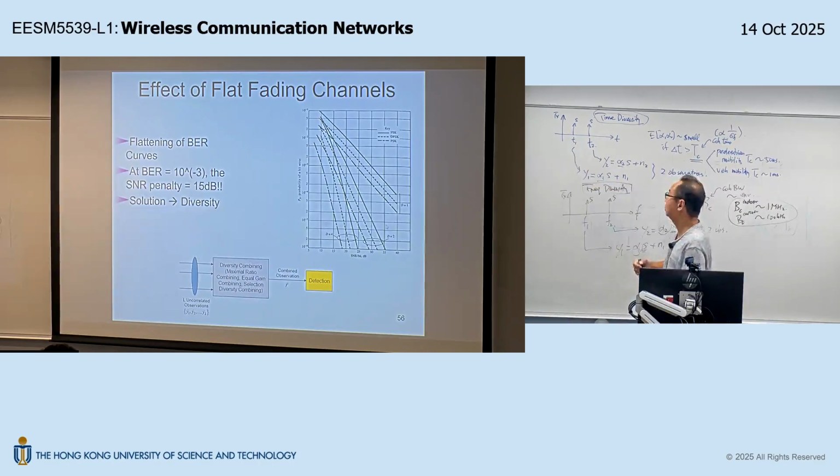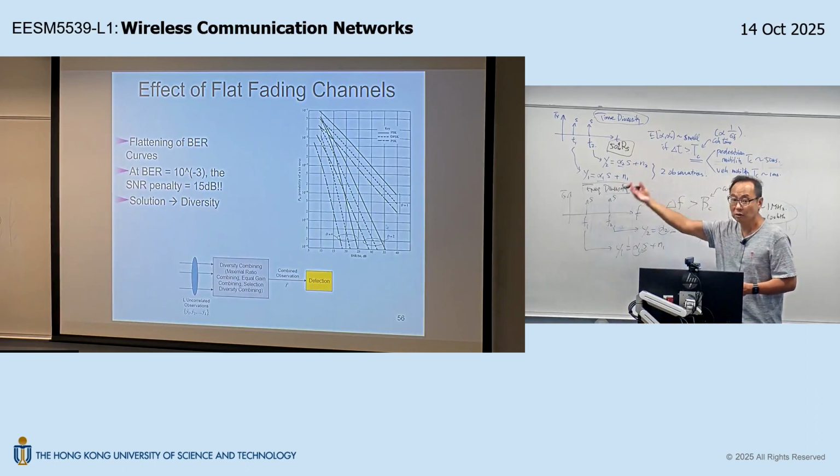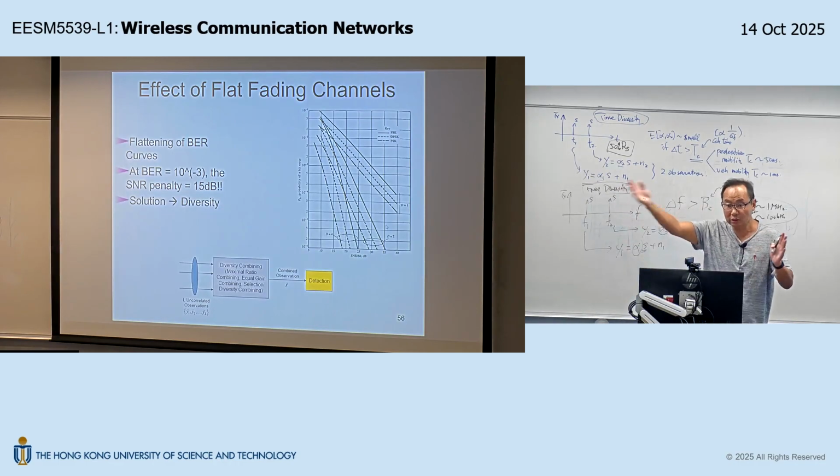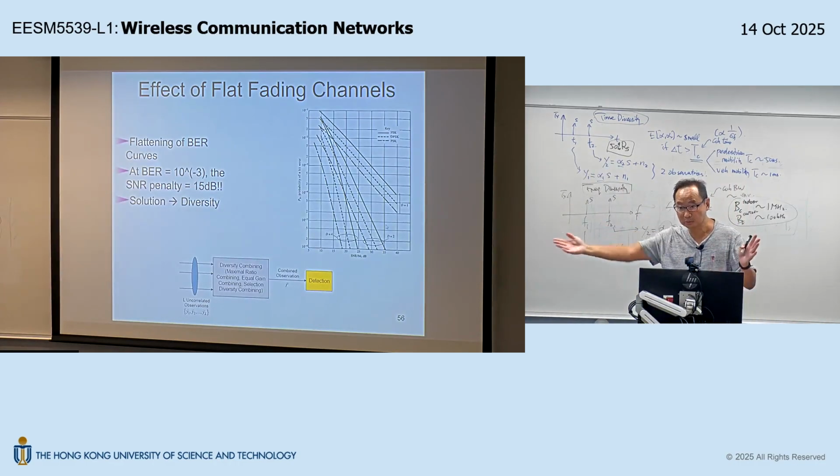So in other words, the effective symbol duration, effective symbol rate would be reduced by half, right? Let's say your symbol duration is 1 millisecond, okay? So originally, over a 1 second window, you can send 1,000 symbols, right?